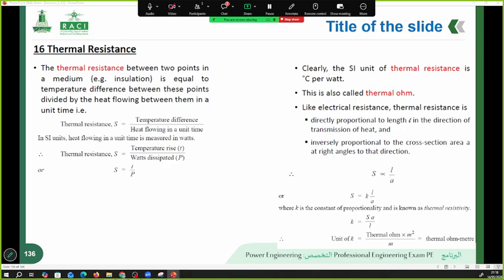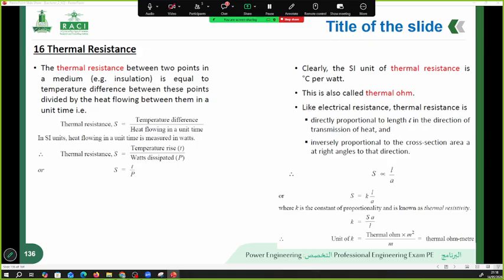Okay, this slide represents thermal resistance as a key concept in heat transfer, particularly relevant to understanding heat dissipation in power cables. Thermal resistance is the measure of an object's ability to resist the flow of heat.